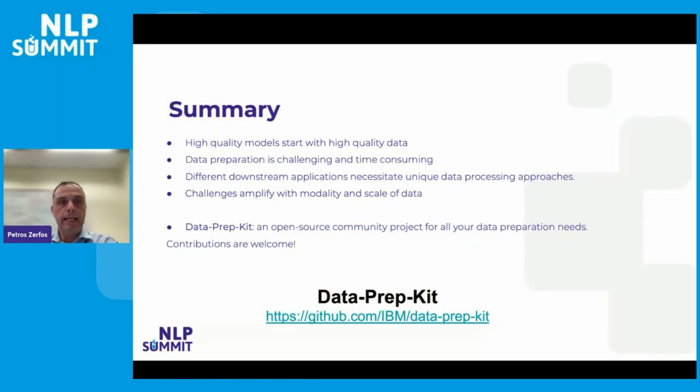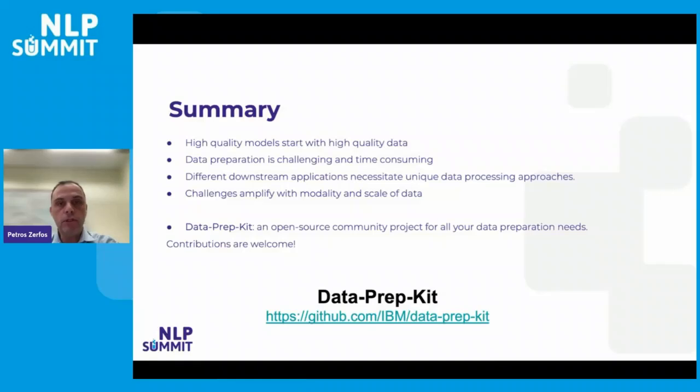In summary, as we started at the very beginning of the talk, high quality models require high quality data. Otherwise, garbage in, garbage out. So for this reason, we developed the data prep kit, and we use it very extensively in production to prepare the data, which is a very challenging and time consuming task, as we noticed early on, for most AI teams, whether they develop RAG applications, fine-tuning applications, or instruct tuning.